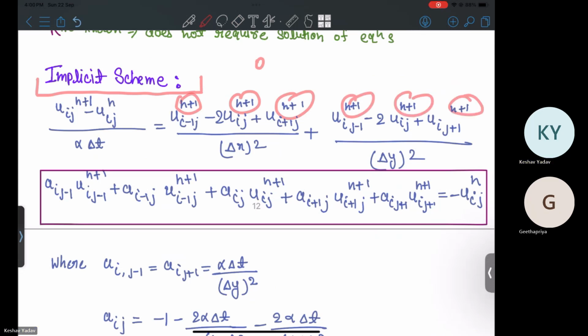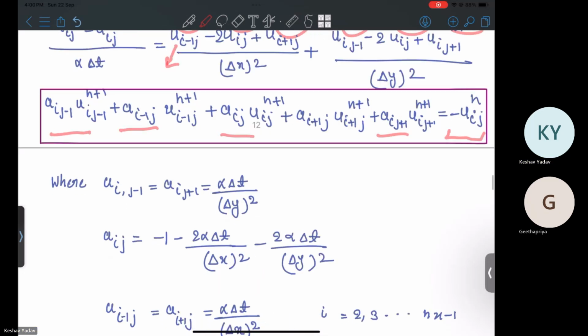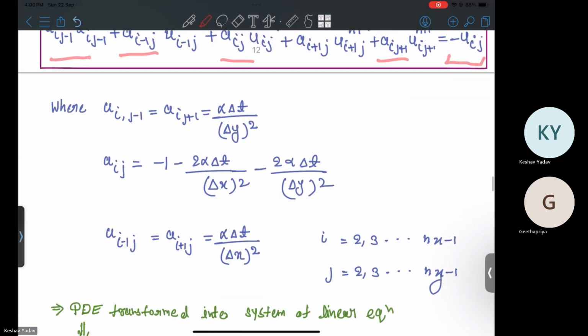Then we'll bring all the u at n plus 1th time to the LHS, and at nth time we'll bring them to the RHS. So this is what? This is a linear equation that will lead to a pentadiagonal system of linear equations.